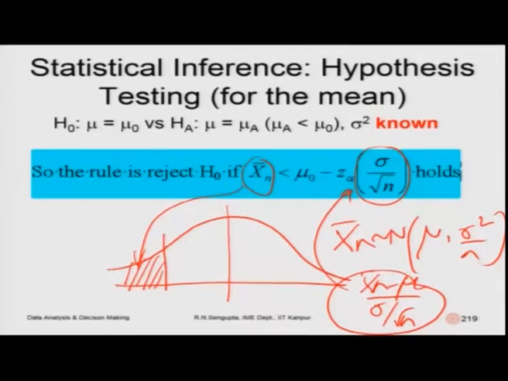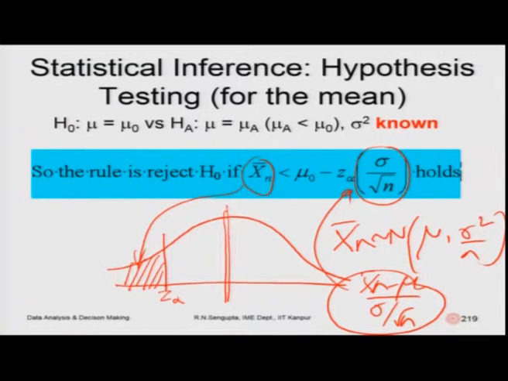Now, in this case x bar n should be to the left of mu naught, so you are finding some z alpha here, and this z alpha is negative. It shows how far the standard deviation is from the mean, and the value of z alpha gives you the level of confidence you have.